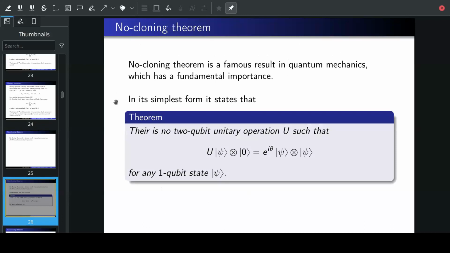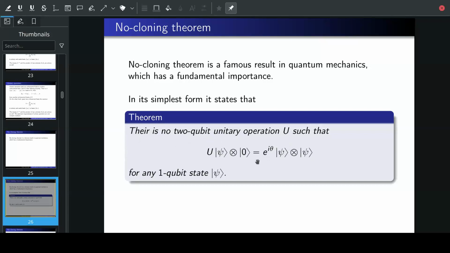In its simplest form, it states the following: there exists no 2-qubit unitary operation U such that it sends the state ket psi tensor ket 0 to the state ket psi tensor ket psi, possibly with some global phase, which can even depend on this state.